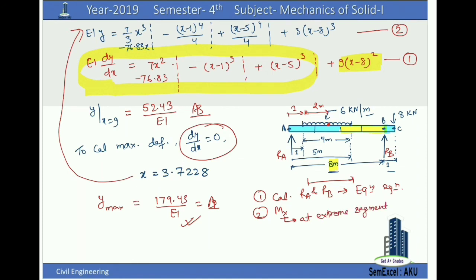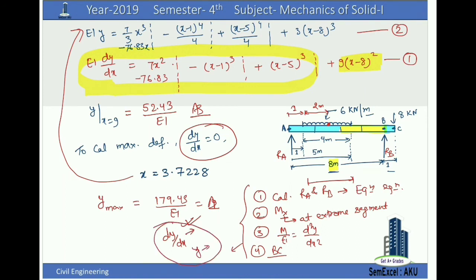And third, write the double integration equation like M by EI is equal to d2y by dx square. Then again integrate two times and get the expression. Then apply the boundary conditions. Put the values of the boundary conditions in the above equation and you will get an expression for dy by dx, that is the slope, and y at any point x. So this is the method.